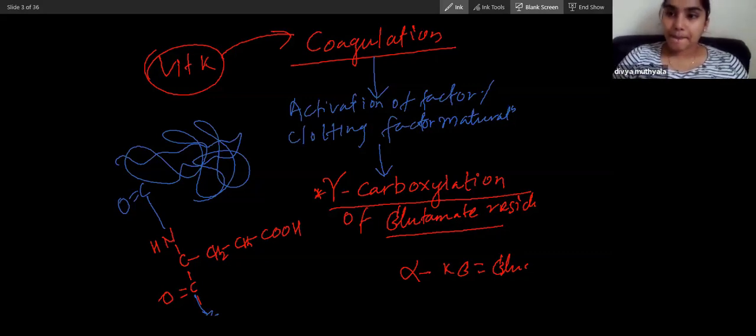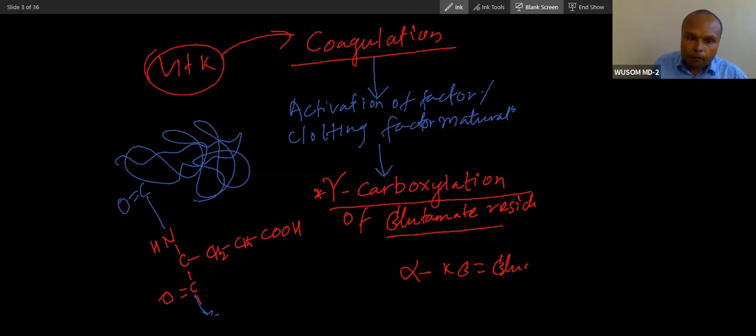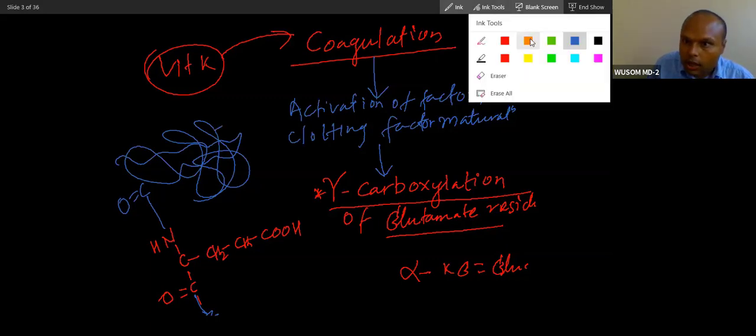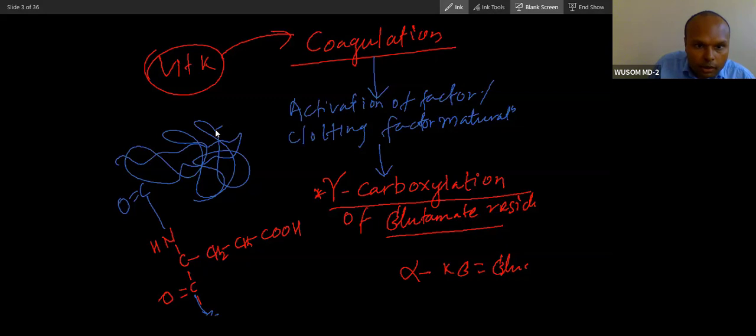So this glutamate that is present in this protein, I'll write this glutamate like this. Sorry, I'll use a different color. Can I write glutamate with one COO group here?